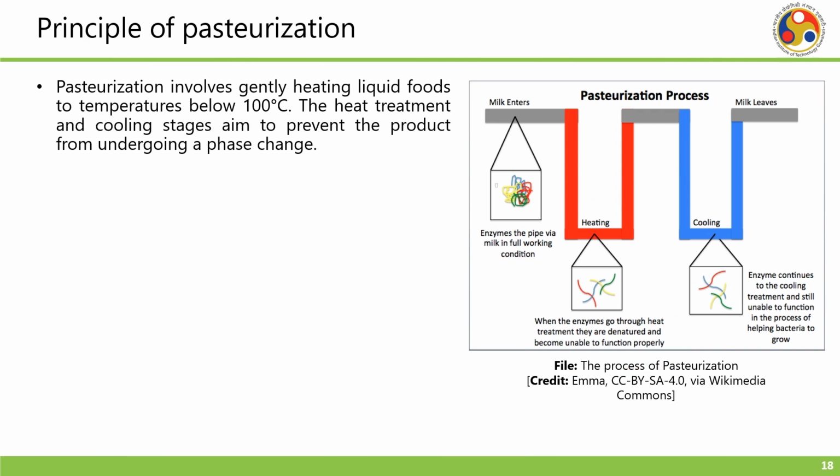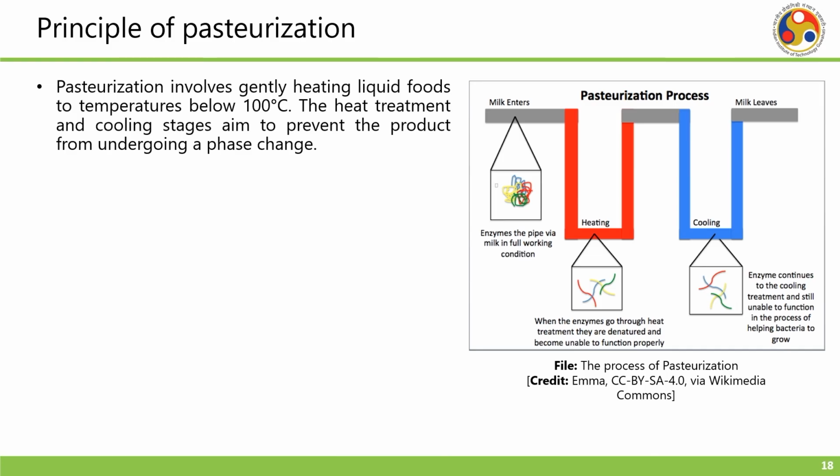And then this heating is followed by cooling. The enzymes continue to the cooling treatment and are still unable to function in the process of helping bacteria to grow. And then after this cooling process, the milk exits. So, this is in brief the entry of the milk, then heating followed by cooling, and then exit of the milk, which is the simple method of pasteurization.